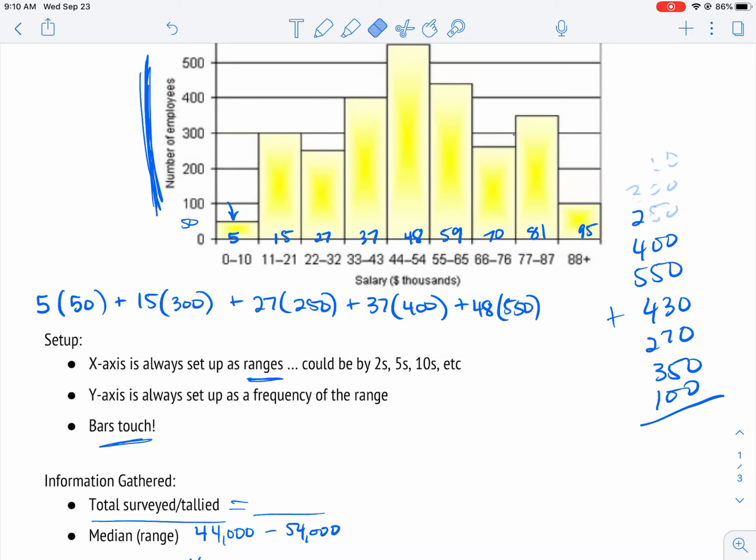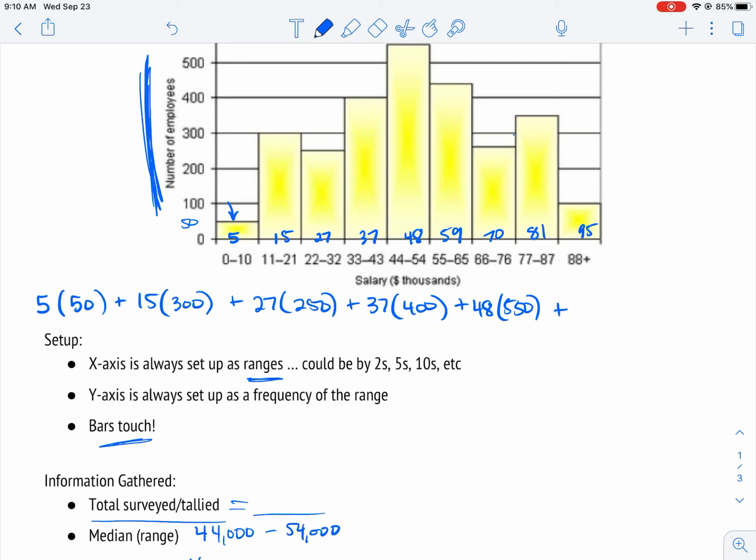I'm going to run out of room. Plus, let's see here, 59 times 450. I kind of forget my approximations here, forgive me. 70 times 270, plus 81 times 350, plus 95 times 100.